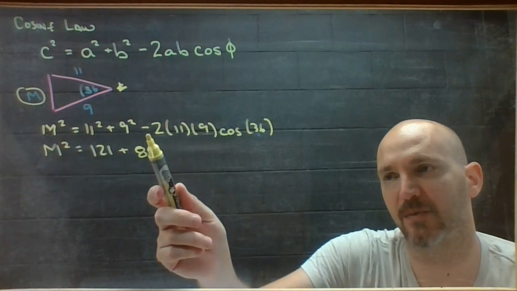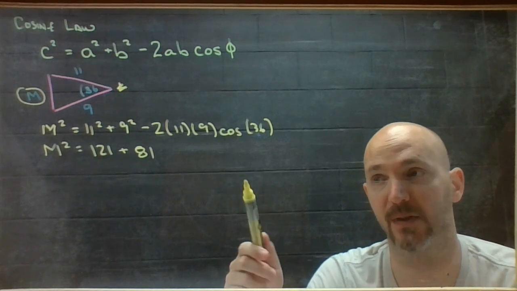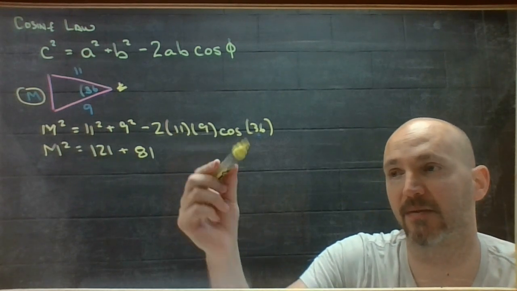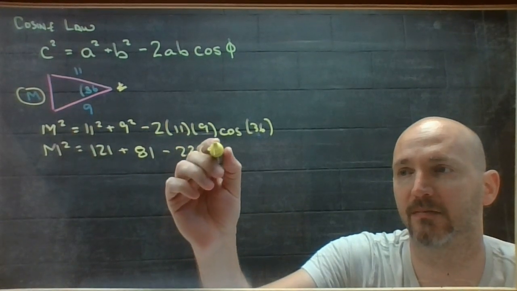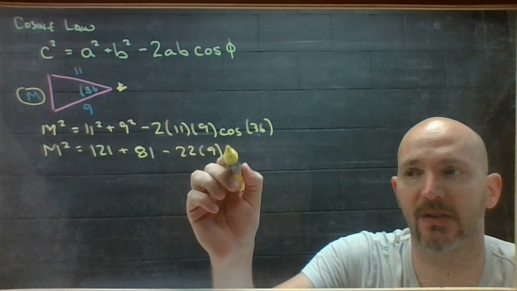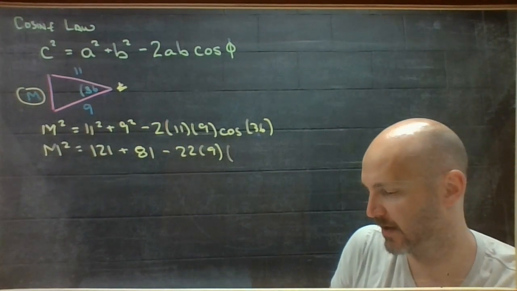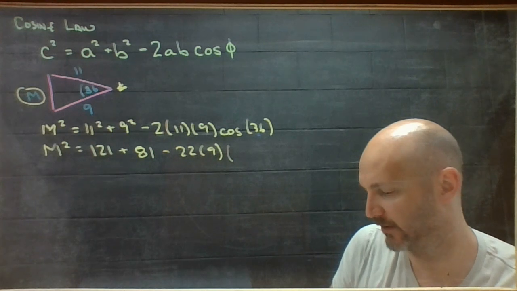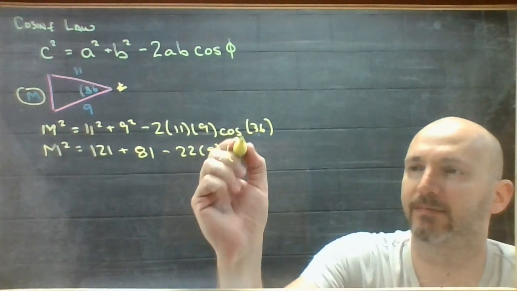And I have some subtractions and multiplications here, so I'm going to do the multiplications first. 2 times 11 is 22. And I have a cos 36 here that I can do. Calculator. Cosine 36. 0.809.